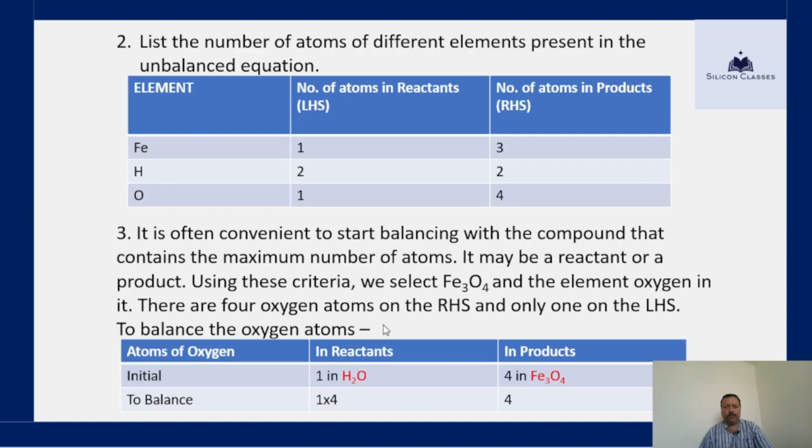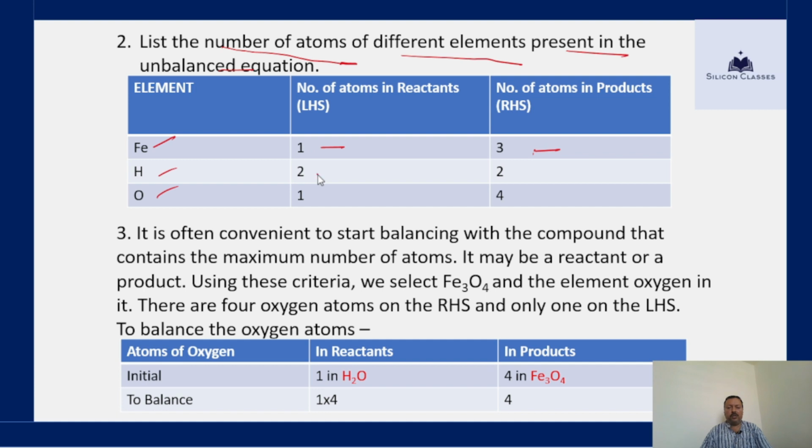Next, list the number of atoms of different elements present in the unbalanced equation. There are 3 elements: iron, hydrogen and oxygen. Number of atoms in the reactant: iron is 1, in the product there are 3.